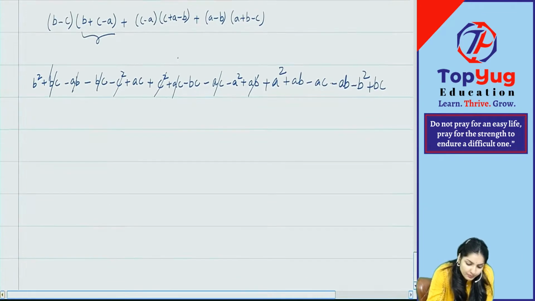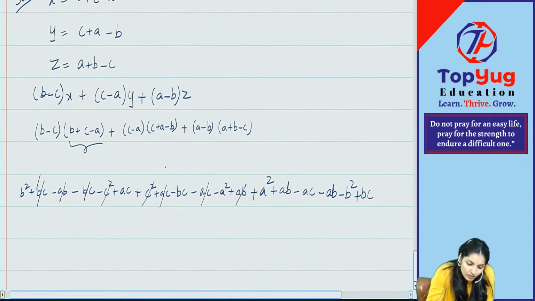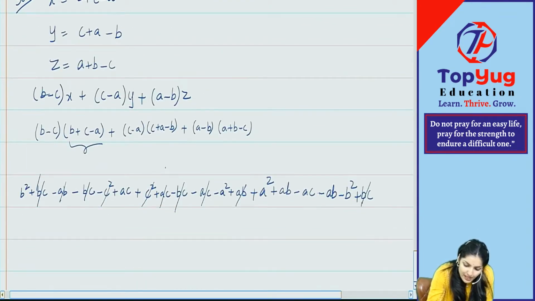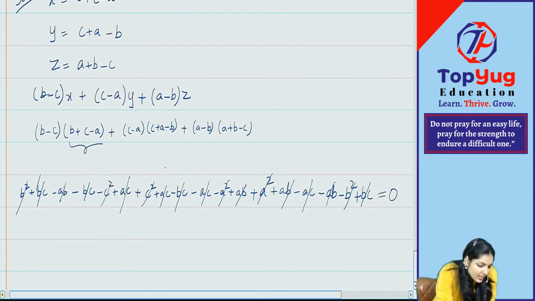Check if it is right. So minus bc plus bc cancel, minus b square cancel, plus ac minus ab cancel, a square minus a square cancel. So what is the answer we are left with?